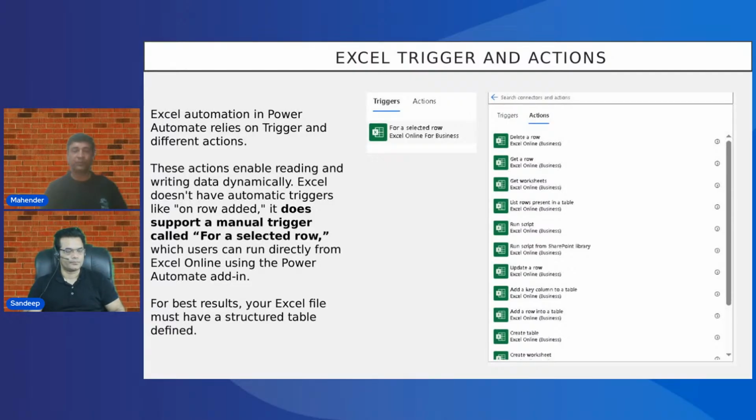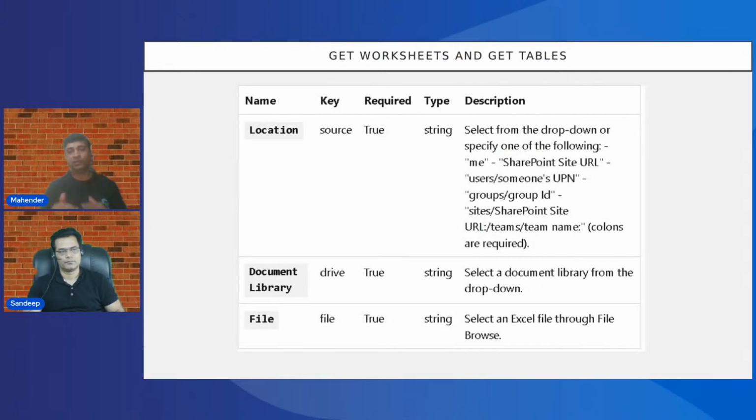Now let's see what the most frequently used actions are when we work with automation on Excel. We have here get worksheet and get tables. These are commonly used actions.